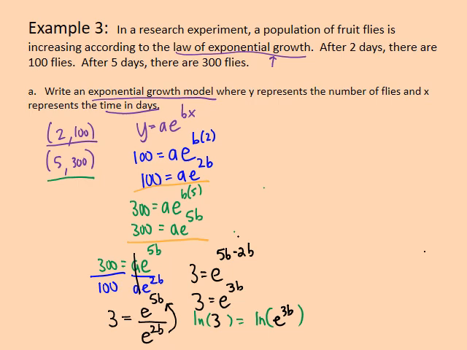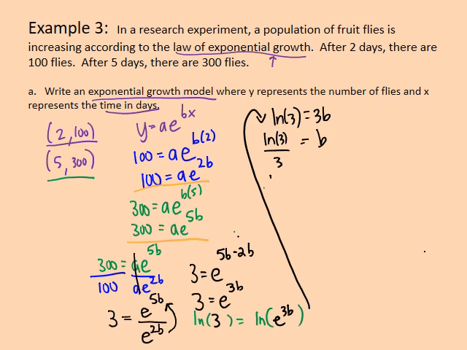This undoes each other, and so you're left with the natural log of 3 equals 3b. When you divide by 3, b equals the natural log of 3 divided by 3. Now, b is a number that you can put into your calculator. In fact, b is approximately equal to this long decimal.